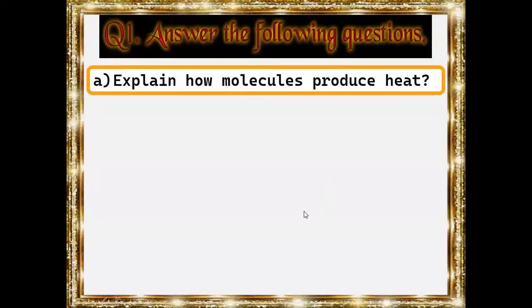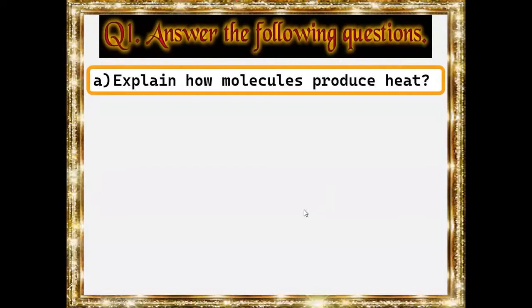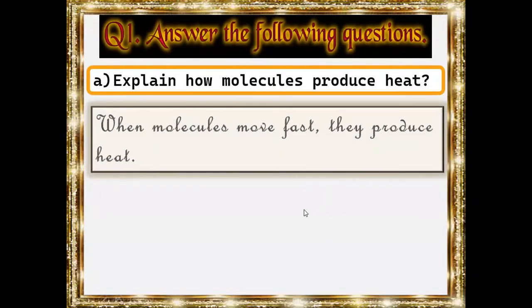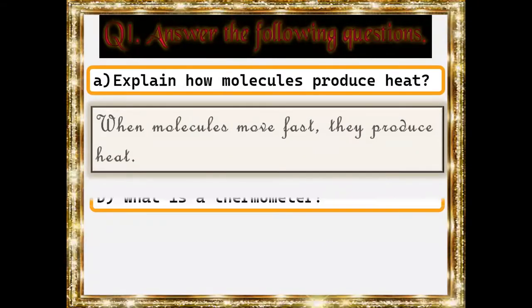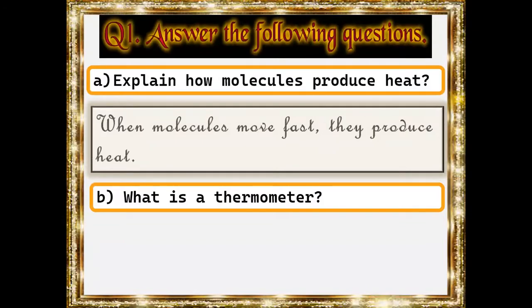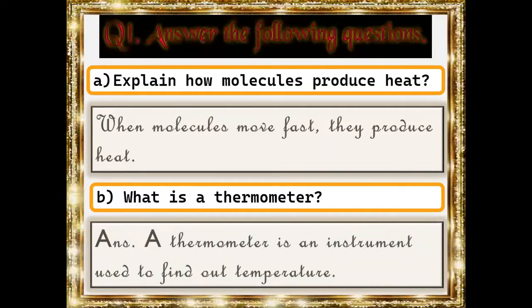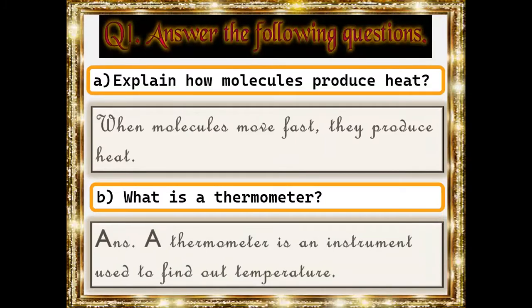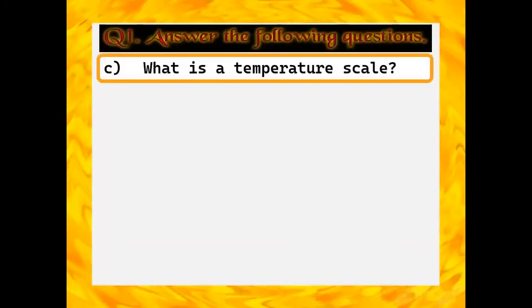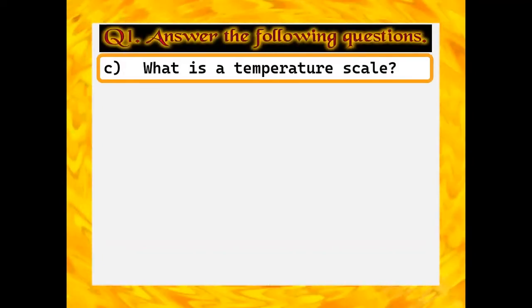A part, explain how molecules produce heat. Yes, when molecules move fast, they produce heat. B part, what is a thermometer? Answer: a thermometer is an instrument used to find out temperature. C part, what is a temperature scale?